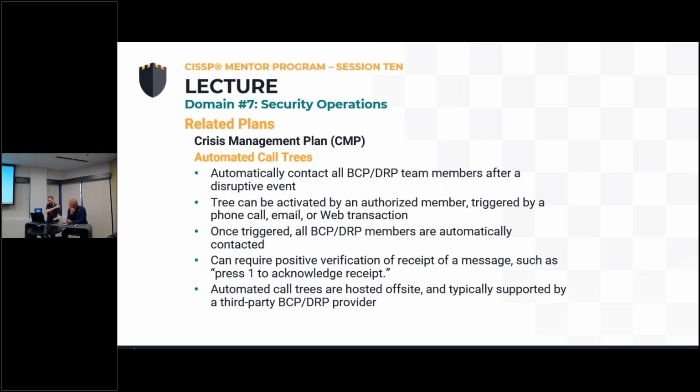Then you can press 1 to acknowledge receipt. That way you can track that they got it. So those are nice. Those are way easier than doing it manually. We had to do that. We would do call trees, and it would be, it's going to happen this week at some point, and we had a 30-minute response time.